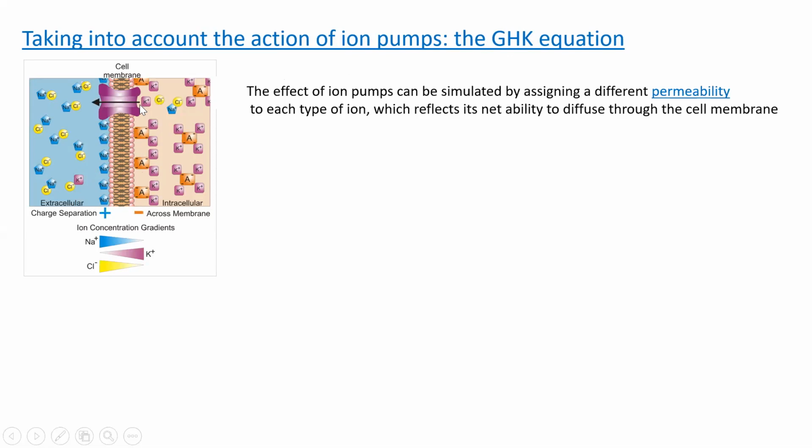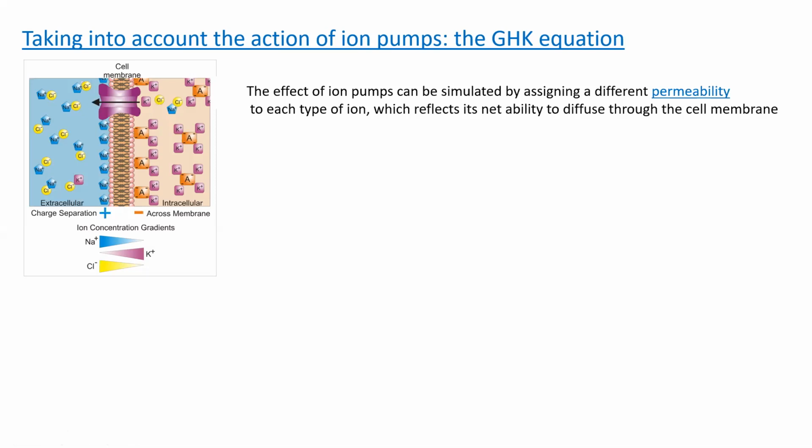But here we have an ion pump, which serves to proactively pump a given type of ion, in this case potassium. This would be a potassium pump across the membrane, expending energy from ATP molecules.